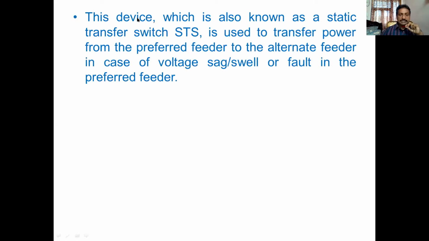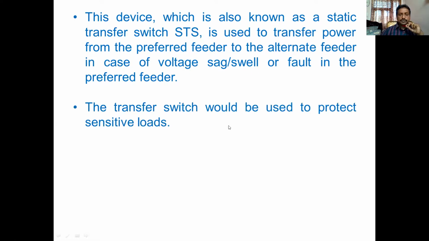This device, also known as a static transfer switch, is used to transfer power from the preferred feeder to the alternate feeder in case of voltage sag, fail or fault in the preferred feeder.